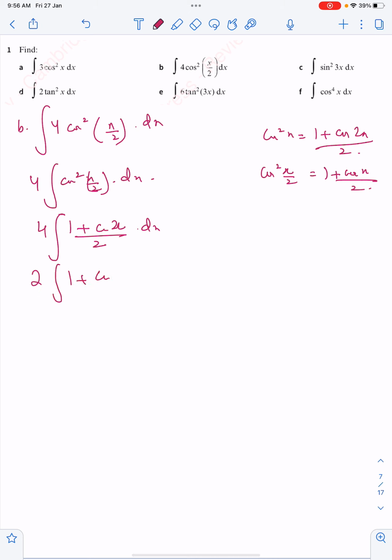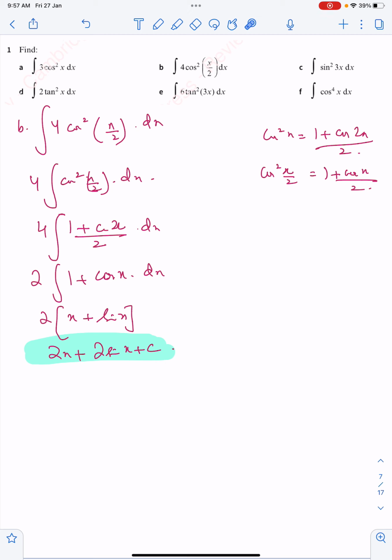Now I'm going to integrate 1 plus cos of x dx. Integration of 1 is x and integration of cos of x is sin x. So I will have to multiply 2 by this whole bracket. So it's 2x plus 2 sin x plus c. This is the answer to this part.